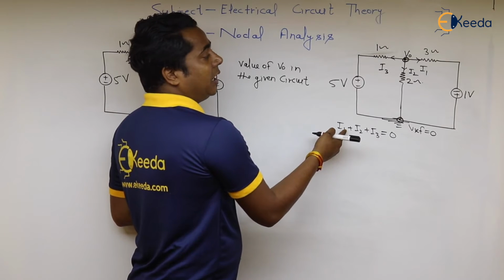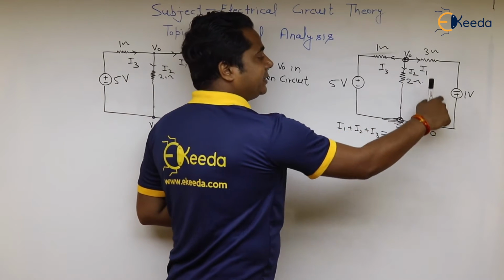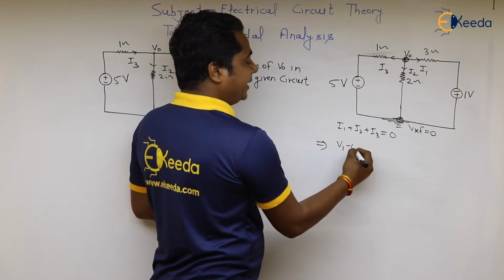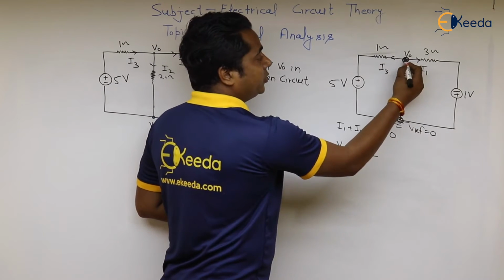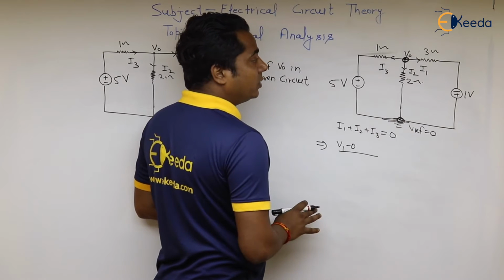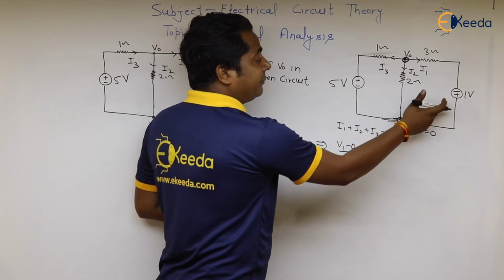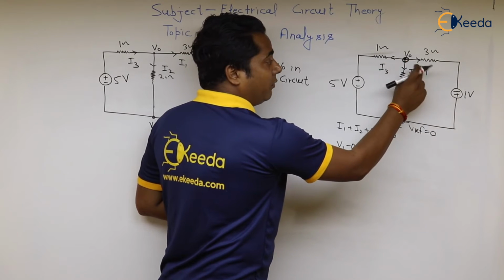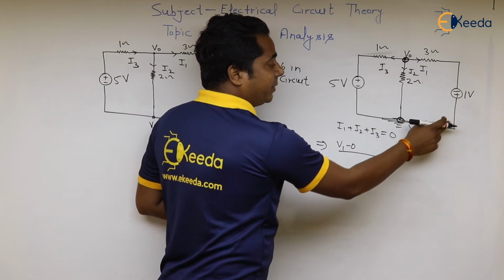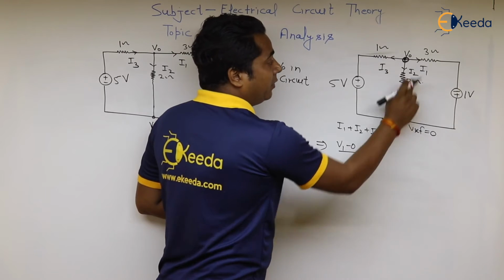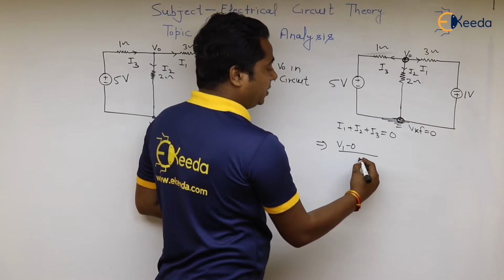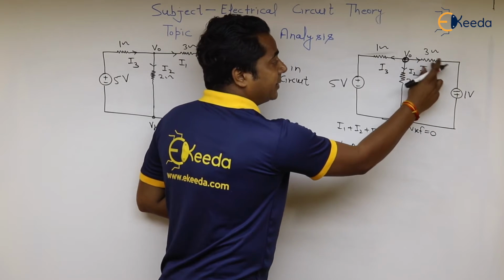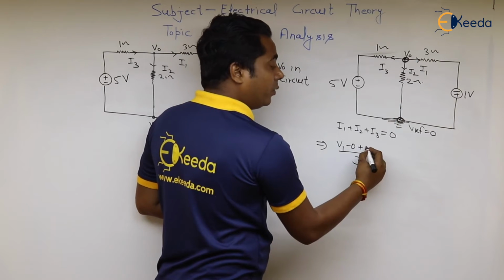and the value of I1 will be what? I1 will be V1 minus 0 upon, this is your first node, this is your second node. I have discussed this in KCL. So the value of I1 will be equal to V0 minus V reference, which is 0, V0 minus 0 upon 3, and this voltage source is supporting I1, it means plus 1.